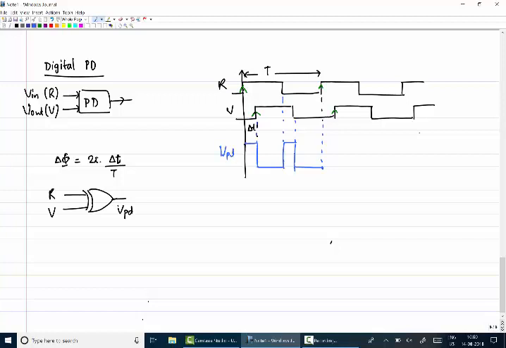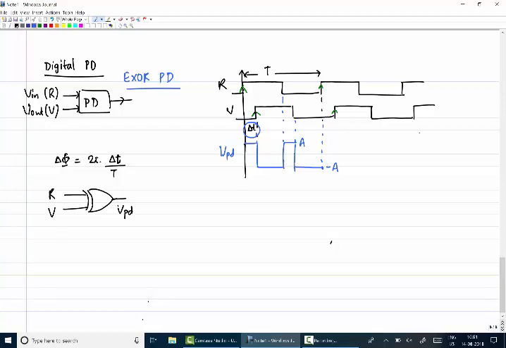Okay, so the output of the XOR based phase detector, this is called the exclusive XOR PD, one of the digital phase detectors, is high and low for a time proportional to the phase error, or delta T. Let me call this amplitude A and this amplitude minus A, or you can say 0 and A, or something else.